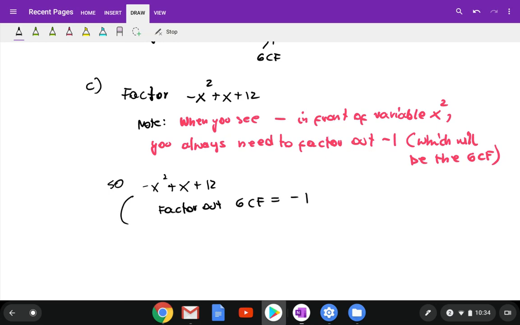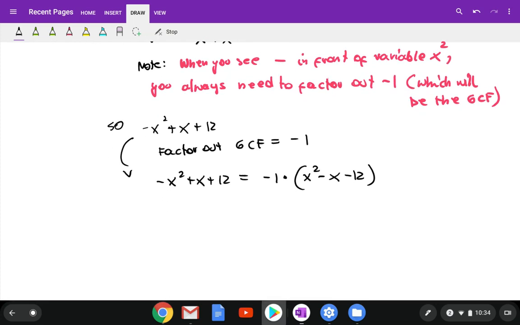So we're going to rewrite this negative x squared plus x plus 12 as negative 1 times. And when you factor negative 1, the original expressions will change sign to the opposite. So you're having x squared, that positive x will become negative x, and positive 12 will become negative 12.